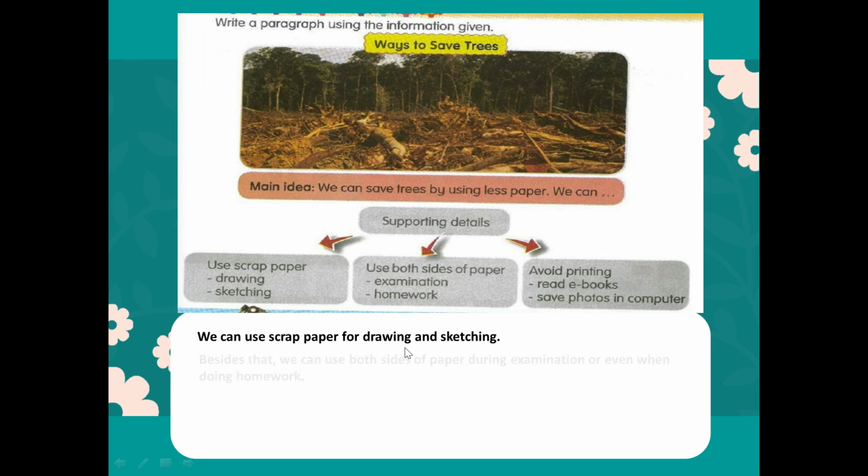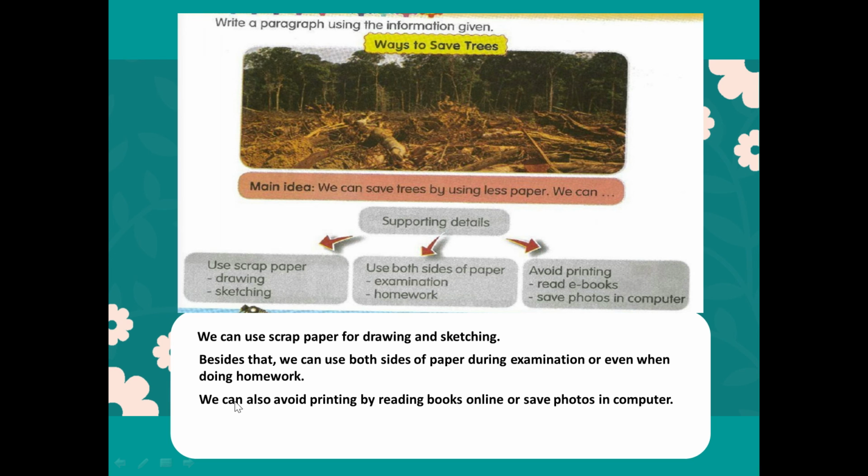And then next one, besides that, we can use both sides of paper during examination or even when doing homework. This is the second supporting detail. And the third one is we can also avoid printing by reading books online or saving photos in the computer.